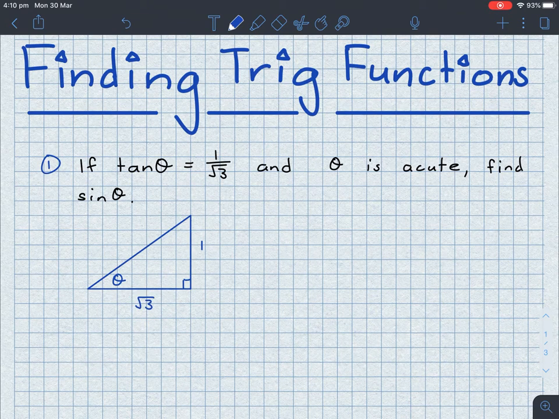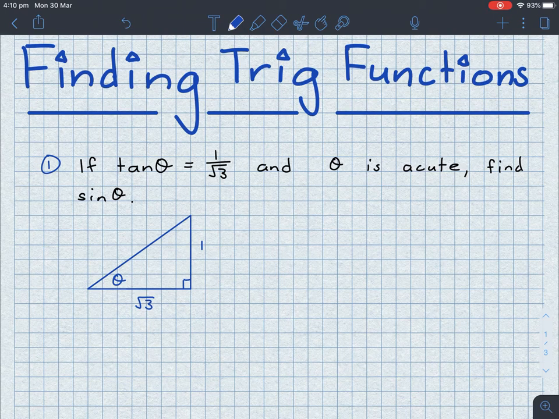Now the reason I'm going to do this is because for sine theta, we know we need opposite on hypotenuse. So now we need to use Pythagoras to work out what the hypotenuse is. If you already remember your exact triangles, you can straight away fill in the hypotenuse.